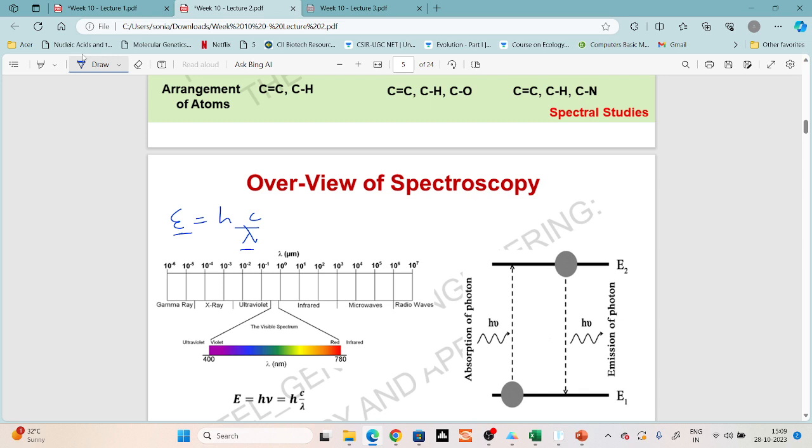So basically, what we are studying in spectroscopy is that any particular atom, molecule, or electron, depending on the context, is at a state E1, which I call the ground state.